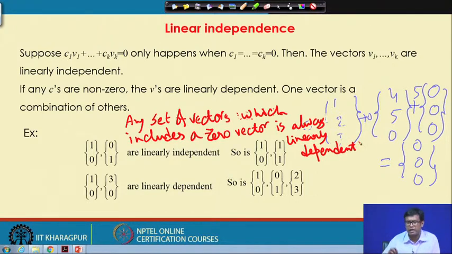So, anywhere I have a 0 vector in the entire set, I will end up with a linearly dependent set.